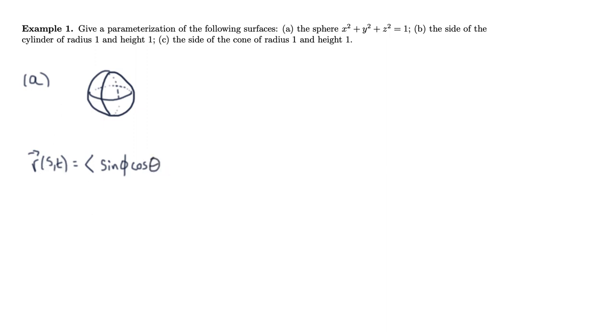Okay, so I guess really here, if I want my parameterization to be in terms of s and t, I need to call one of these variables s and one of them t. So that was just a reminder, we're really thinking about phi and theta, so let's just say that we have sine of s and cosine of t.